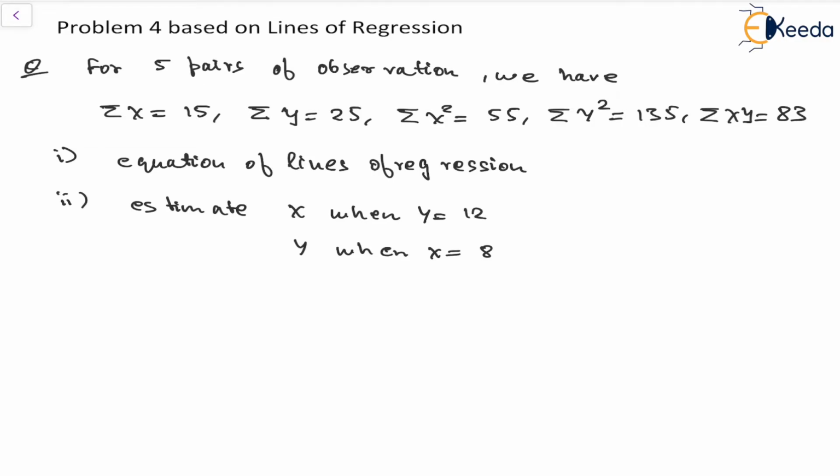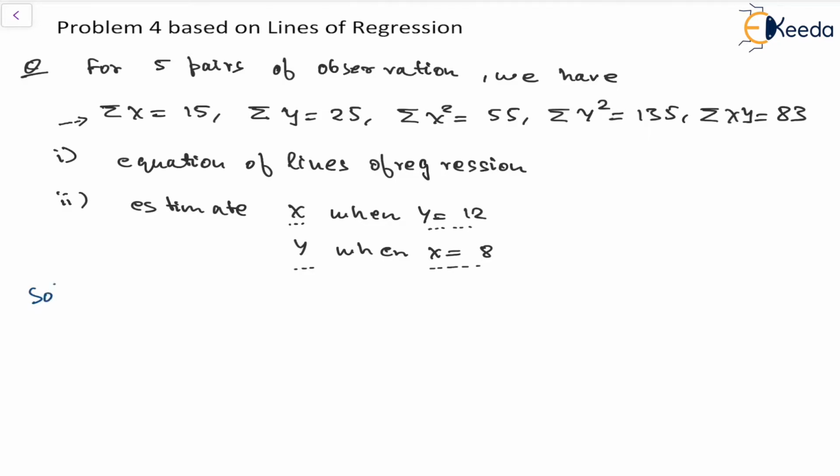So clearly we can see that we have to find x as the dependent variable when y, that is equal to 12, is the independent variable, and find y, the dependent variable, when x equal to 8 is the independent variable. So with all the information provided here, we'll try to find the regression coefficient and then the regression line.